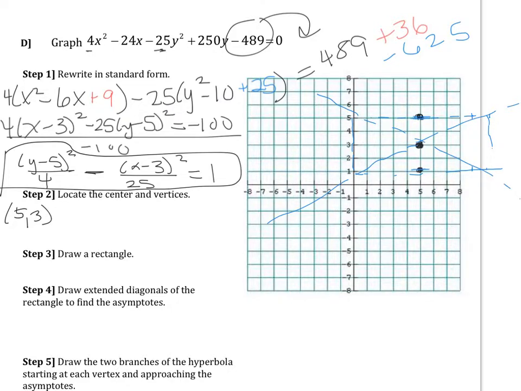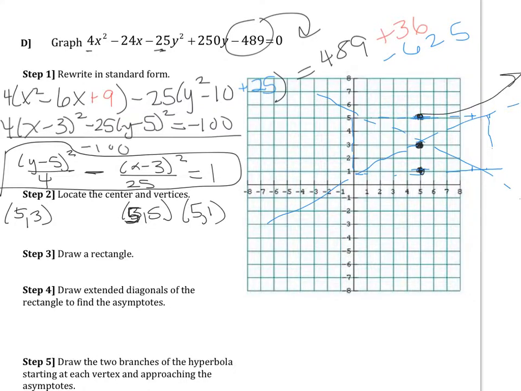And our vertices were here and here. So our vertices are at, oh, I'm sorry, (5, 5) and (5, 1).